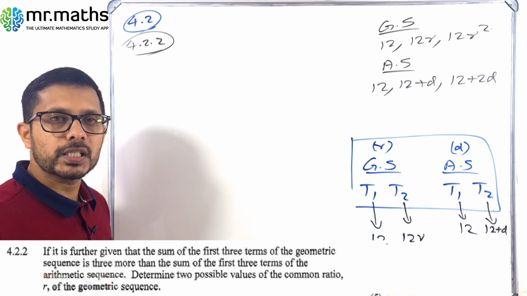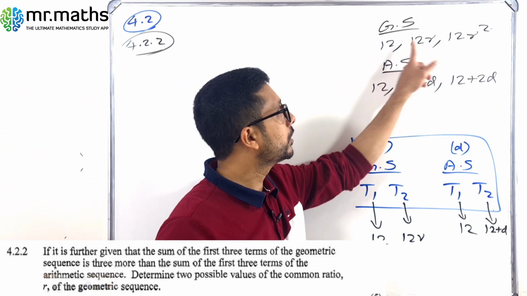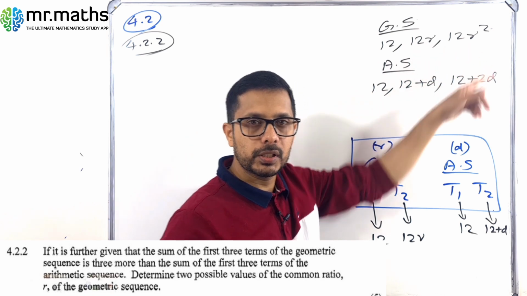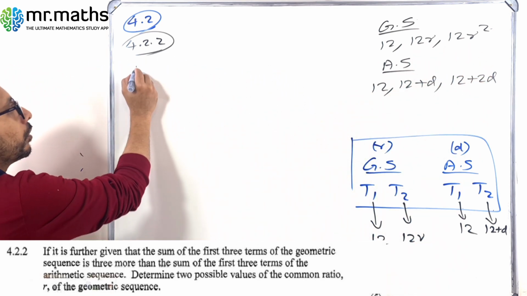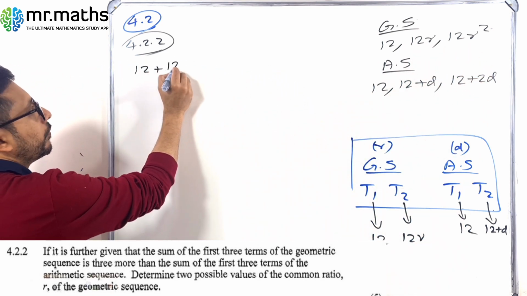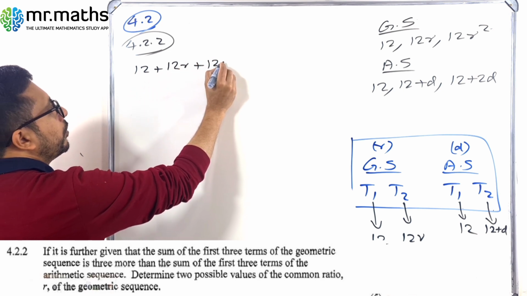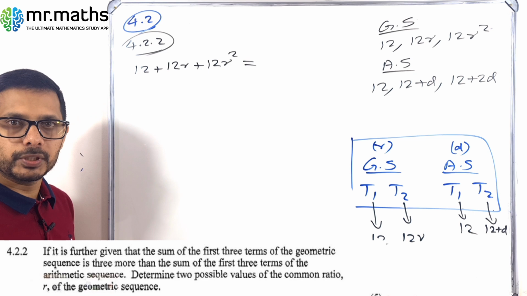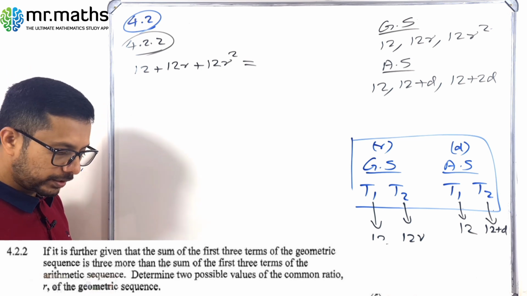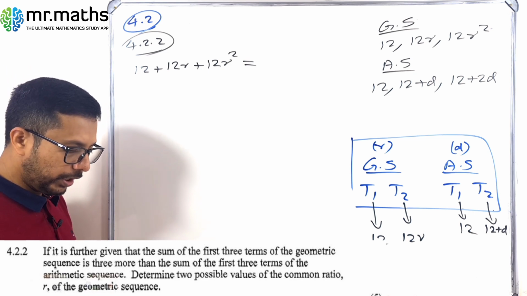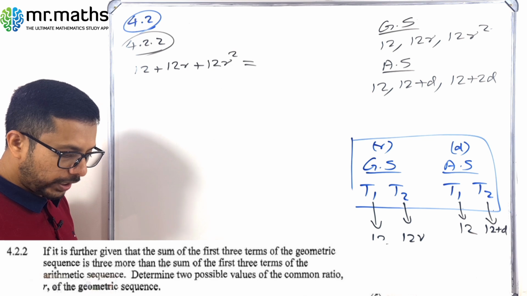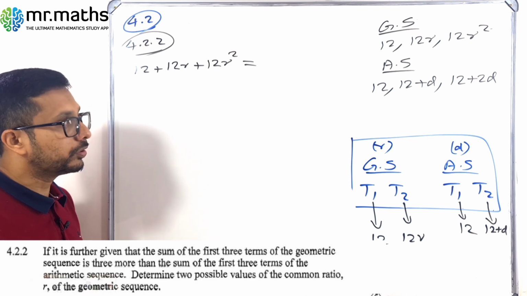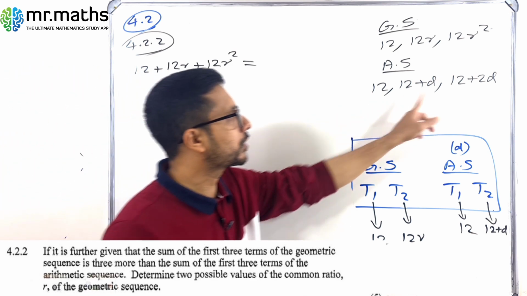What is the meaning of that sentence? Sum of the first three terms of this geometric sequence, what is that? 12 plus 12R plus 12R square. Look at that sentence once more: 3 more than the sum of the first three terms.